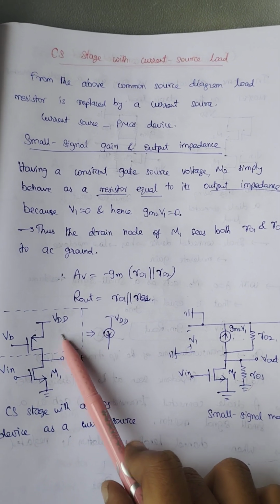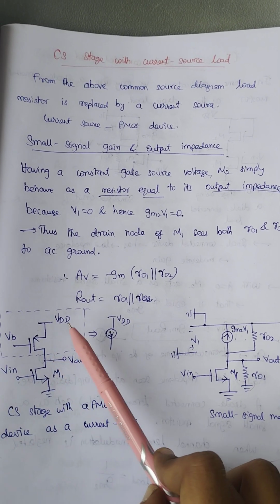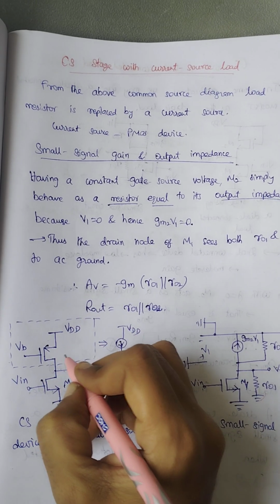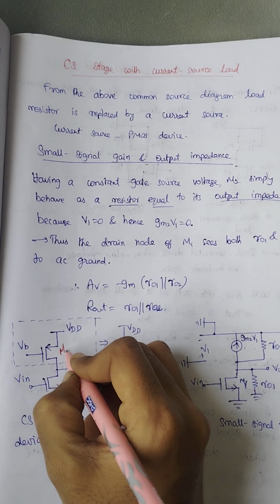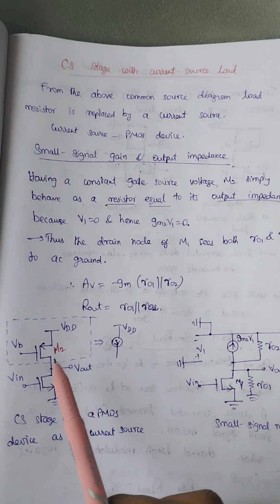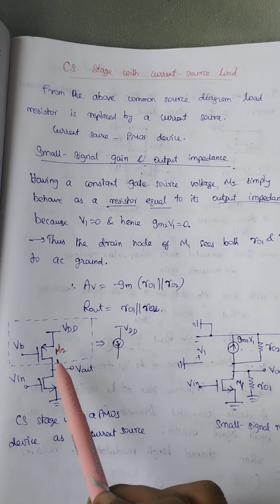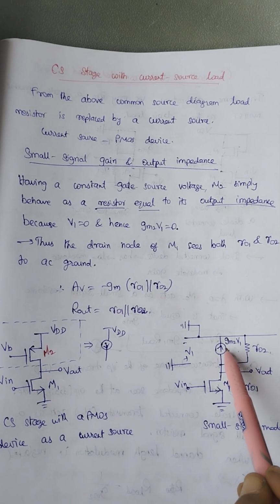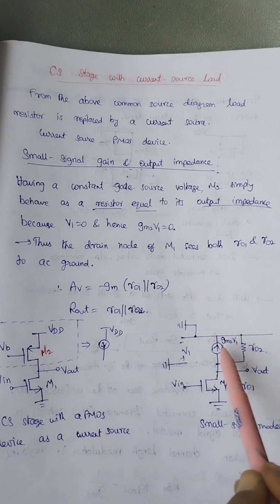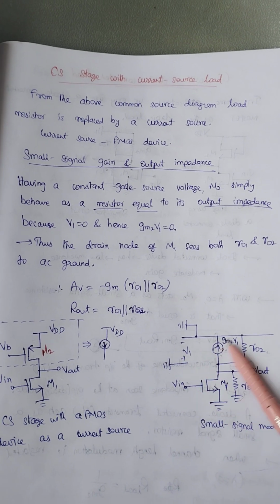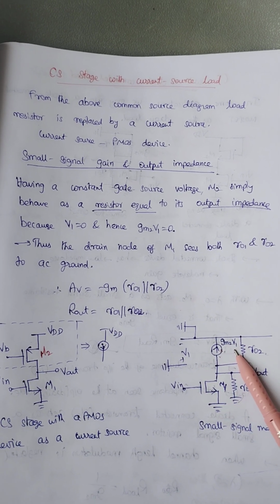And next, this transistor M2 simply behaves as a resistor equal to its output impedance, with the current source gm2 V1.